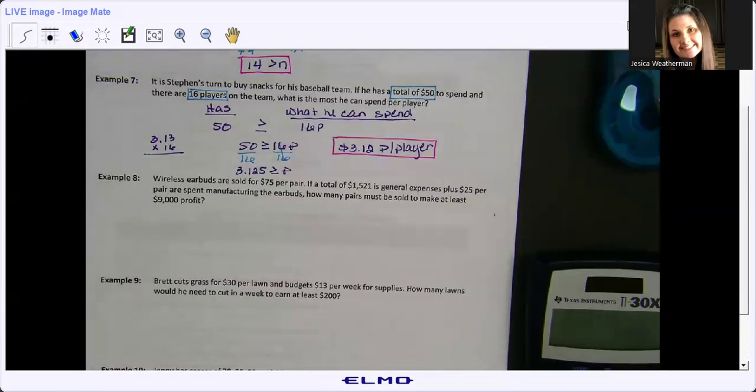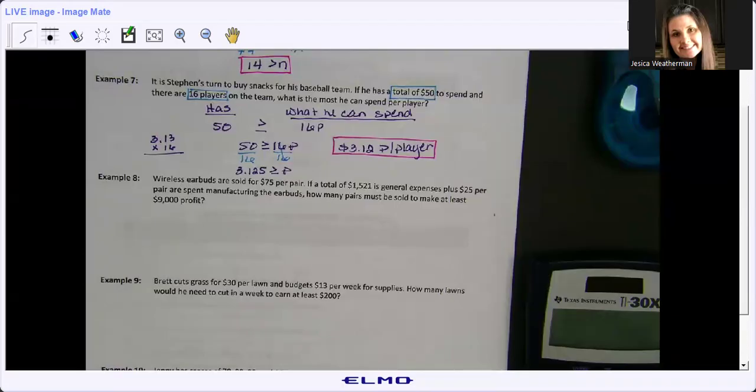But then it costs them $25 for every pair to make them, so maybe the parts, and then $25 per pair to actually put them together.